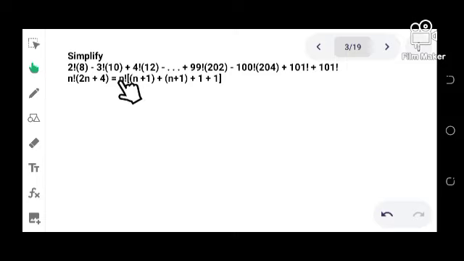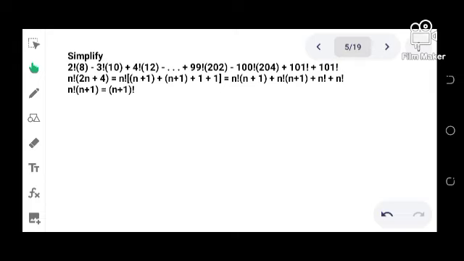We will distribute the n factorial to each of the terms inside the grouping symbol. Then, this will become n factorial times n plus 1. Then, you have this one, which will be n factorial times n plus 1. Then, n factorial times 1 is n factorial. Then, you have n factorial plus n factorial.